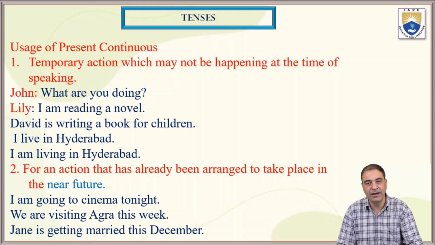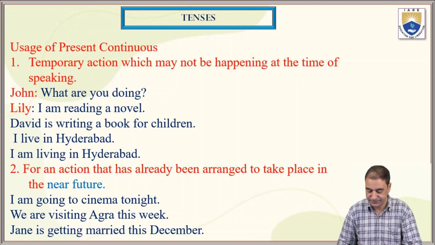Again, Jane is getting married this December. These are all planned actions or arranged actions which will take place in future. That's why we use this present continuous tense for an action that has been arranged to take place in near future.